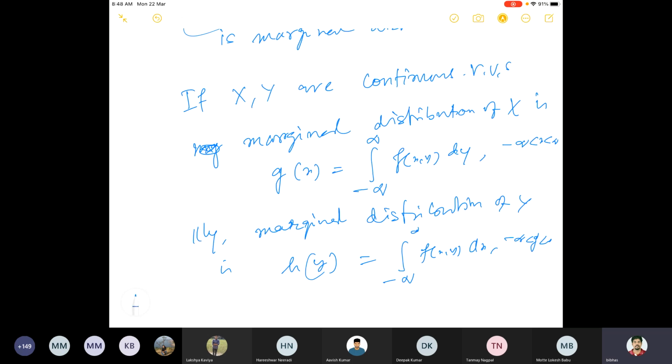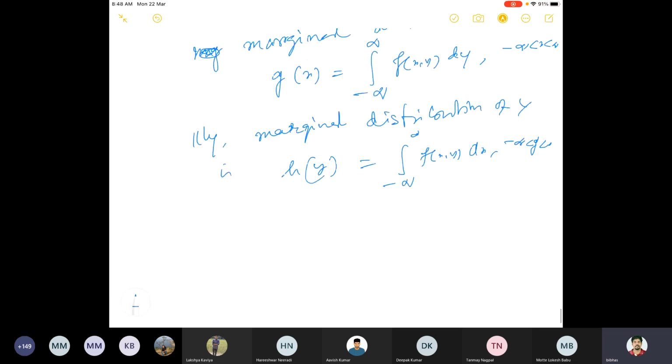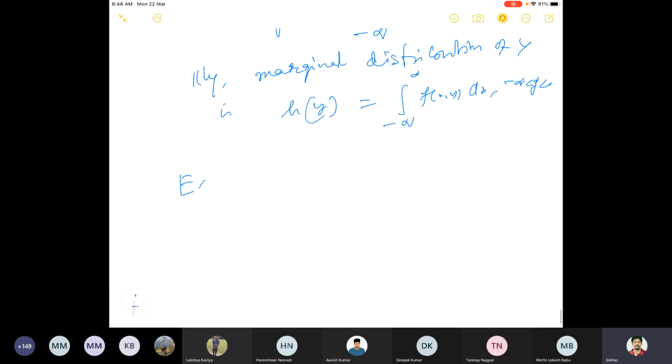Okay, so let us see a quick example for the discrete case. Let's say the possible values of X are 0, 1, and 2, and the possible values of Y are also 0, 1, 2.